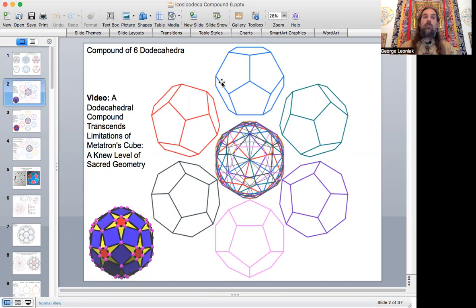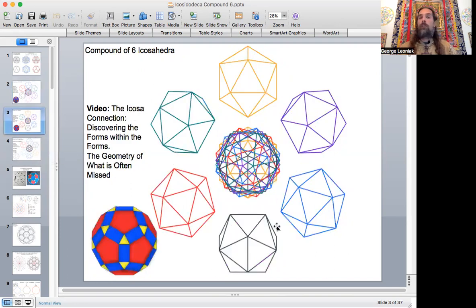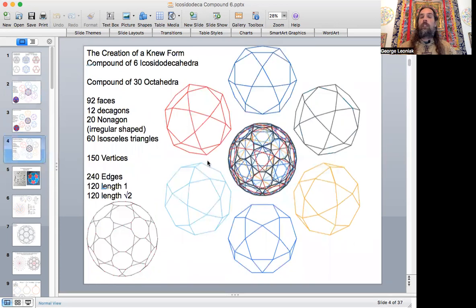This is the oriented drawing, but the other ones basically created that one. So you would probably find in the literature compounds of 5 dodecahedra or 5 icosahedra, but at least the way I discovered it, there are 6 that are really in there. It's just that the last one is not really necessary for the form.